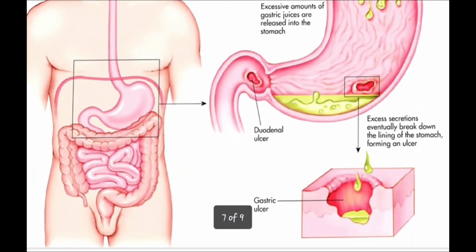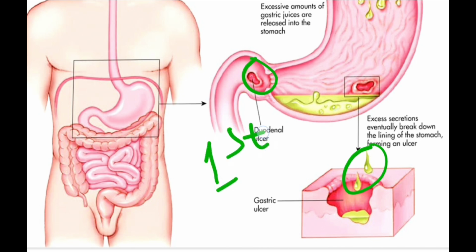So here you can see the duodenal ulcer, which is due to excess acidic content from the stomach entering into the duodenum. Mostly the duodenal ulcer takes place in the first part of the duodenum. See, this is the first part of the duodenum. This is the pylorus of the stomach. From the stomach, the acidic content enters into the duodenum, which creates the ulcer. That is known as duodenal ulcer.